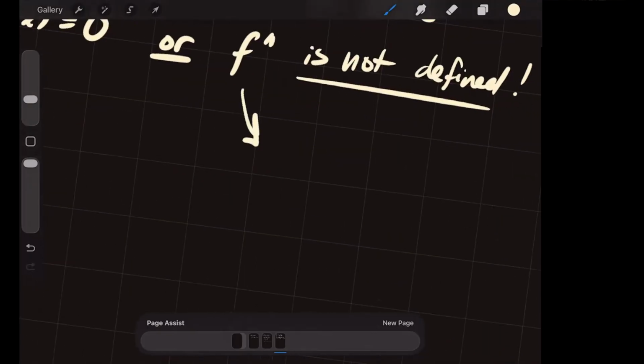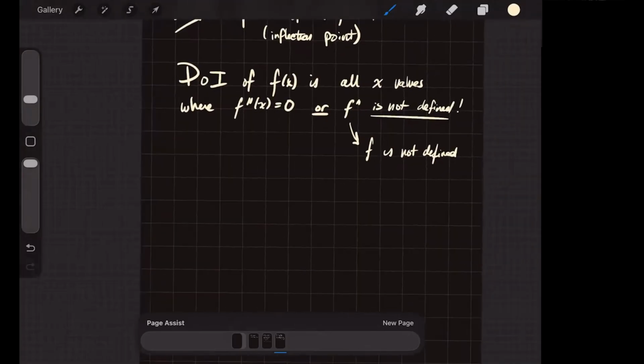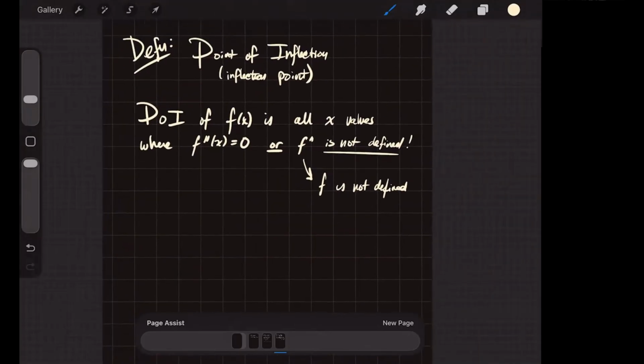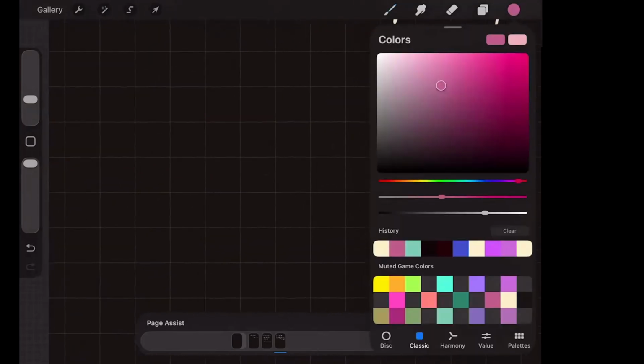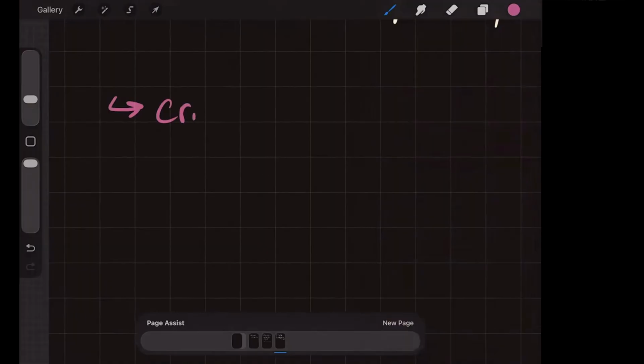Obviously, f double prime is also not defined wherever f is not defined, because discontinuities carry over. So, all right, that's how a point of inflection works. You can also view it as the critical points of f prime of x.